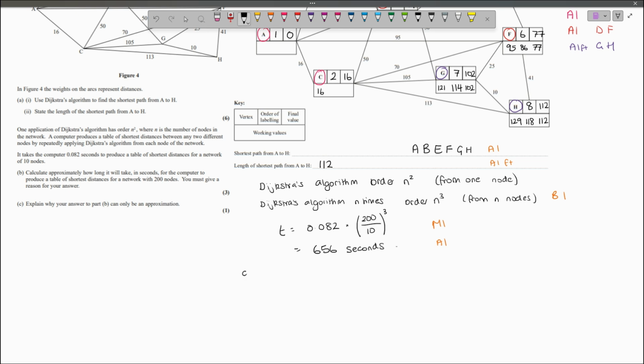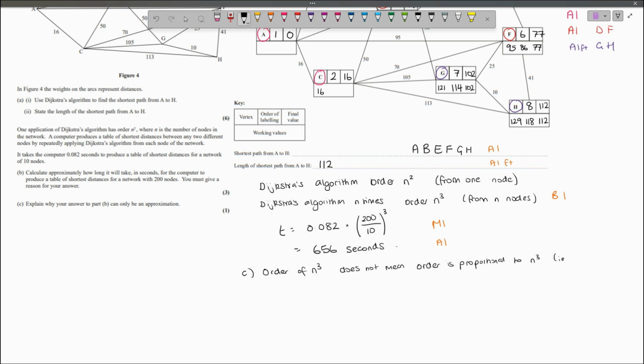So finally C, explain why your answer to part B can only be an approximation. And it's to do with what we mean by an order of n cubed. An order of n cubed does not mean that the order is proportional to n cubed.